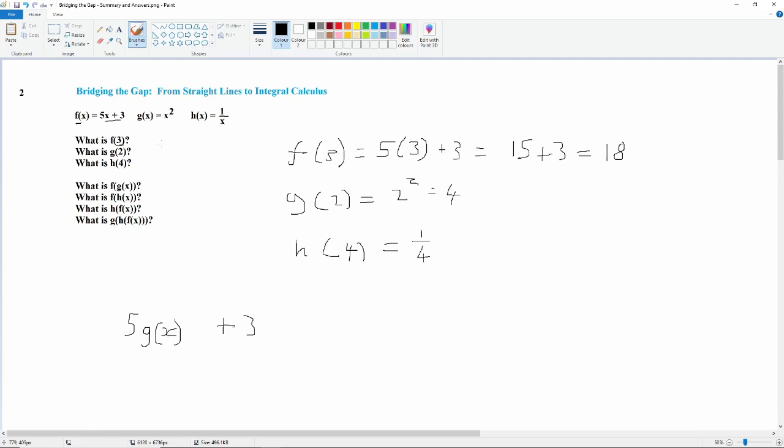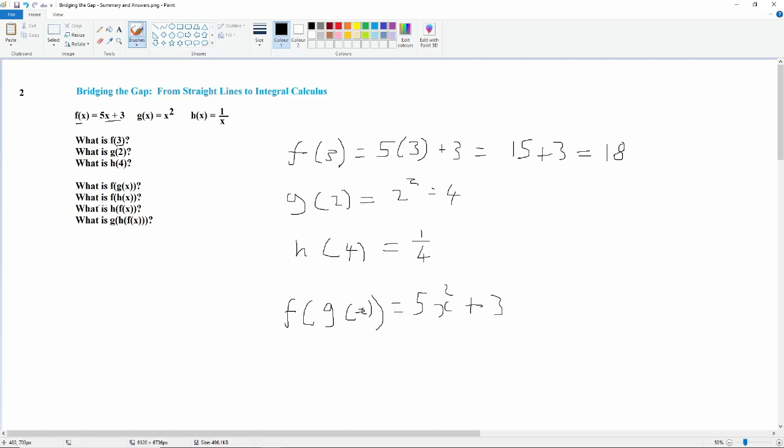And g of x is x squared, so we can replace g of x with x squared. And that is our final answer. So f of g of x is equal to 5x squared plus 3.